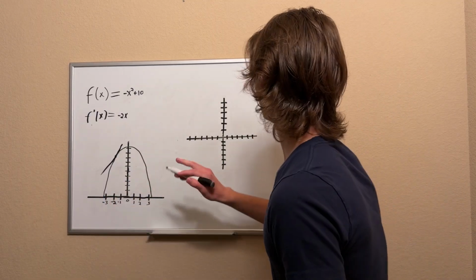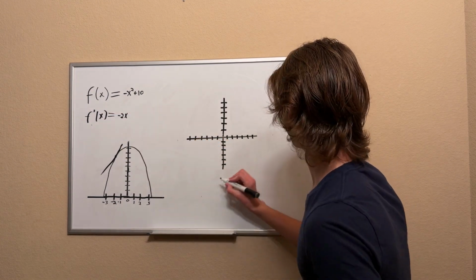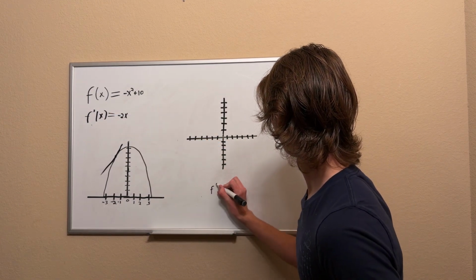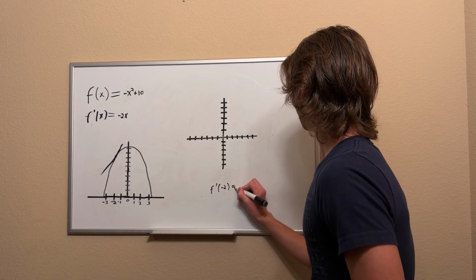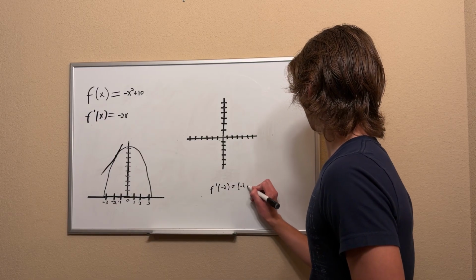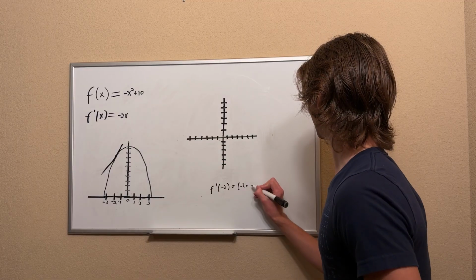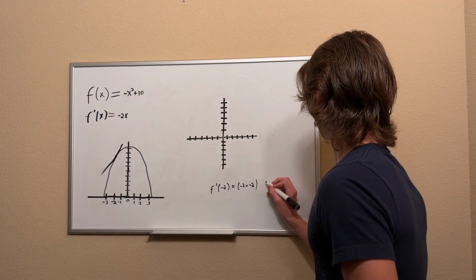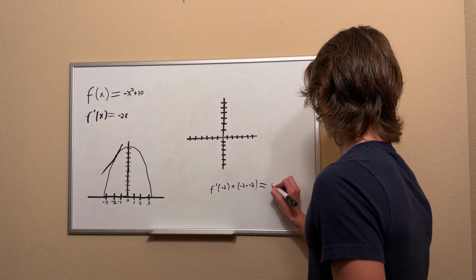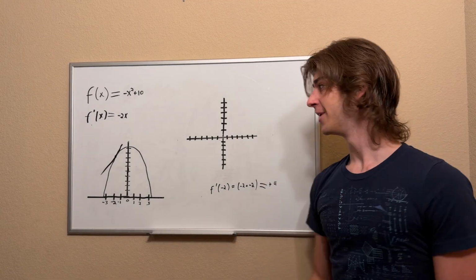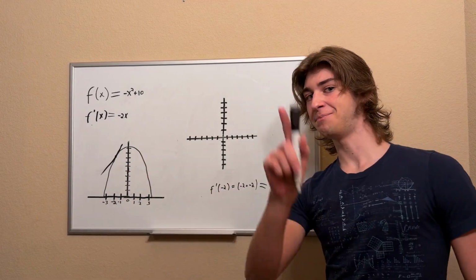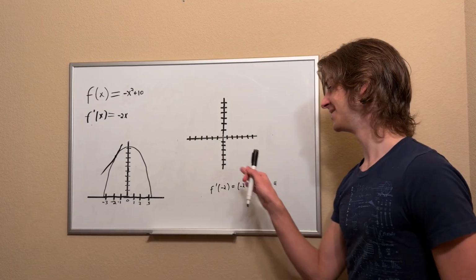So let me plug that into myself. We have f prime of -2, which is equal to -2 times x, which is -2 times -2, which is +4. So we have a slope, a steepness of +4 at this exact point right here.